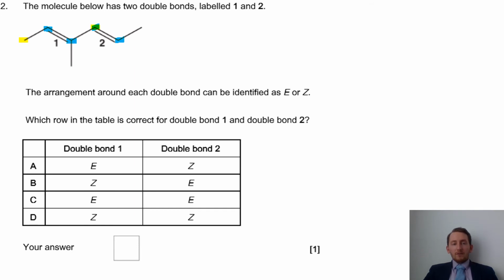We would prioritize this particular carbon, or this particular route. Again we're not showing it, but there is a hydrogen there, but that doesn't beat out the carbon, so that gets priority. On the other side, again we're not showing that hydrogen bonding off, but it doesn't matter because that carbon would get the priority. So again, they're on opposite sides, so that would be E. So 1 is E, 2 is E, so that leaves us with C.